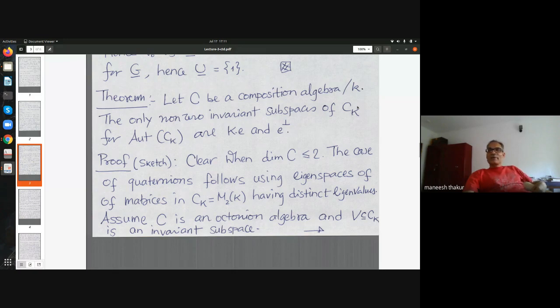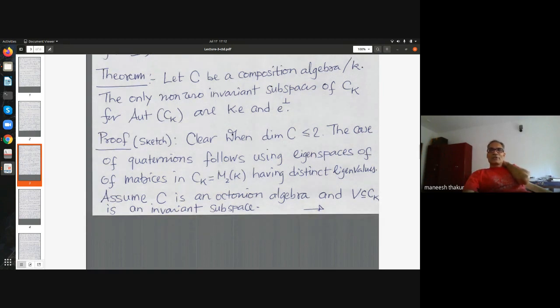Then if I look at the algebra C tensor K and compute invariant subspaces for Aut(CK), the answer is there are only 2 of them, assuming non-zero: the line generated by the identity element, the scalars, or the trace zero elements. These are the only 2 subspaces which are invariant. In particular, the trace zero elements form an irreducible representation of the automorphism group.